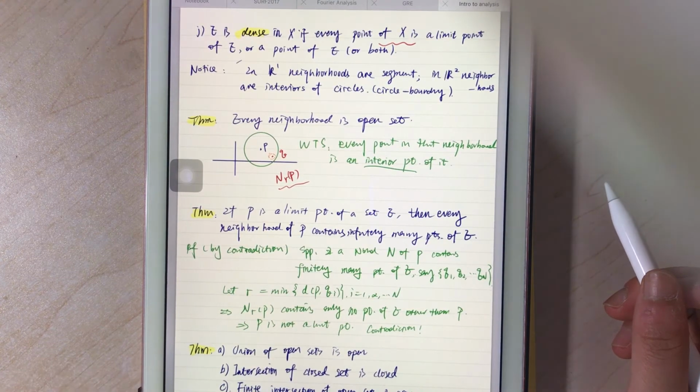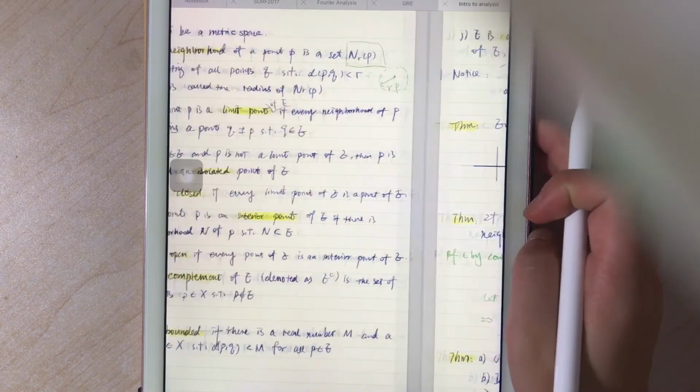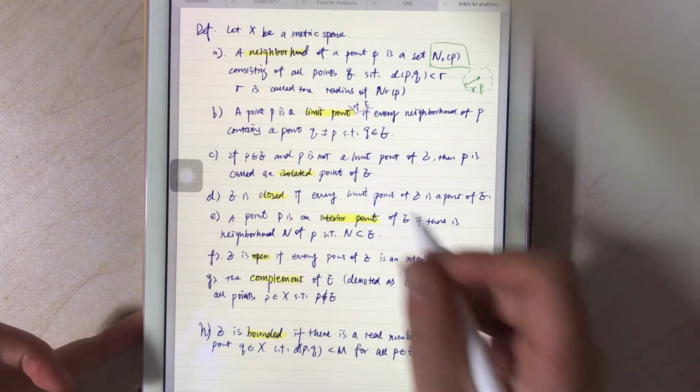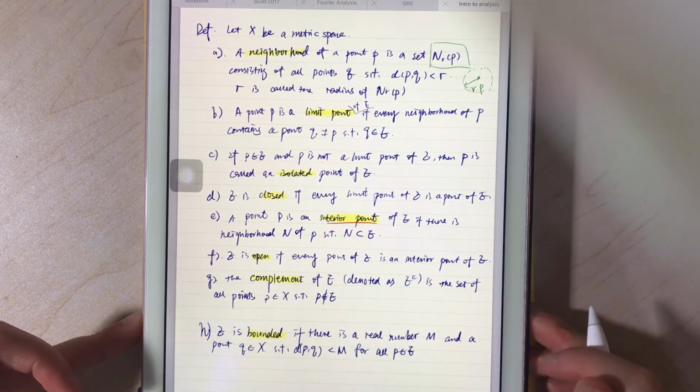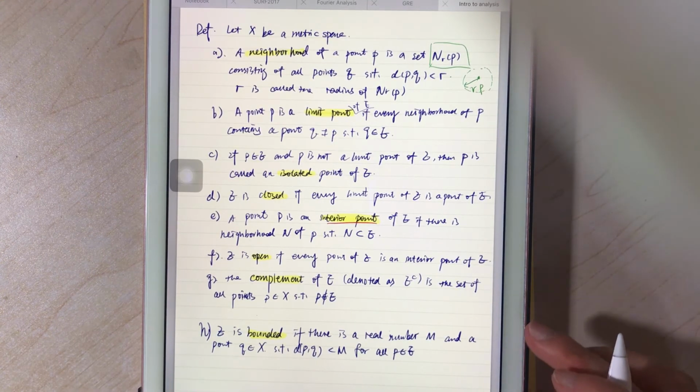So if we take any point Q here, how are we going to show it's an interior point? By definition, it is an interior point if there is a neighborhood such that the neighborhood is contained in the original set, right?